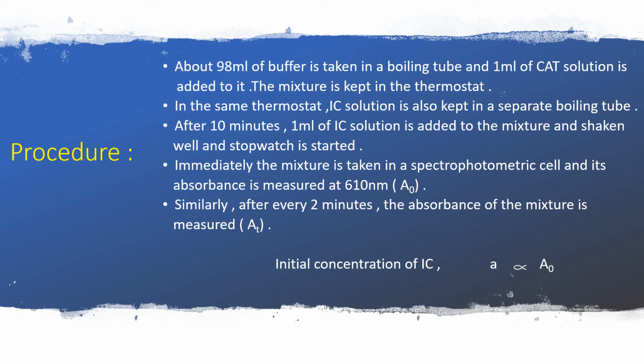So what does the procedure tell us? First of all, you are taking 98 ml of buffer in a boiling tube and adding 1 ml of chloramine T solution to it. Then you are keeping the boiling tube in a thermostat.